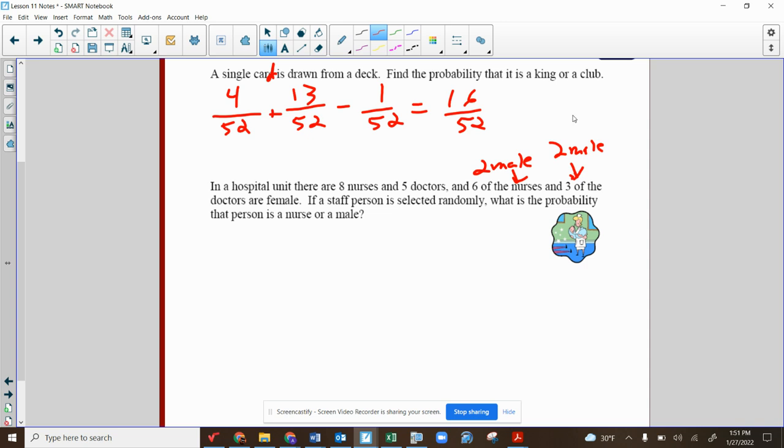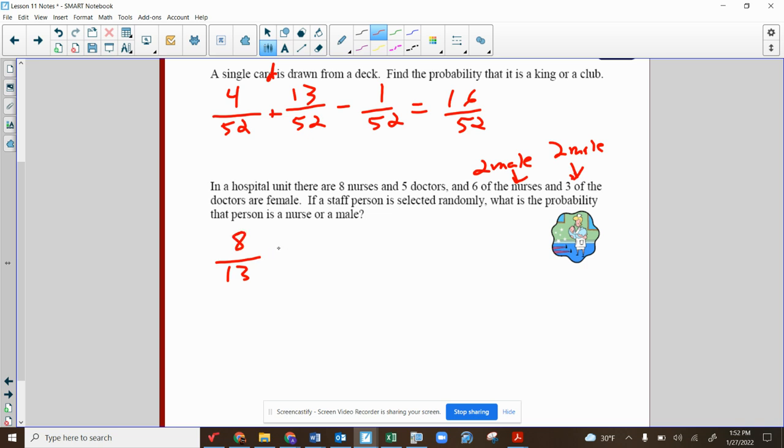All right, so if a staff person is selected randomly, what is the probability that person is a nurse or a male? Okay, so there are 13 total nurses and doctors. 8 of them are nurses.